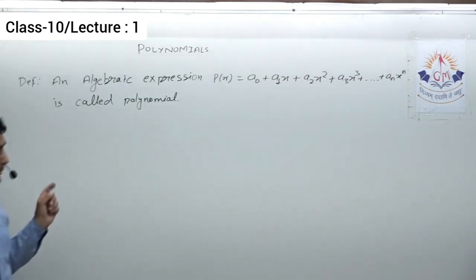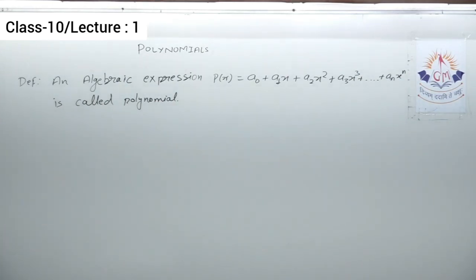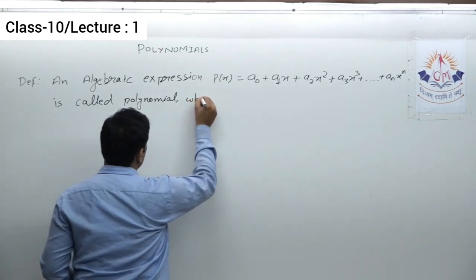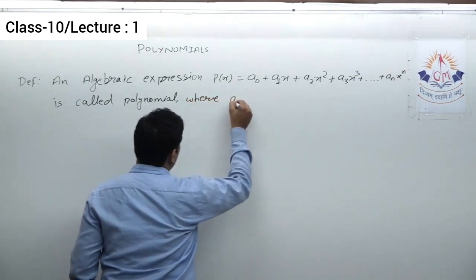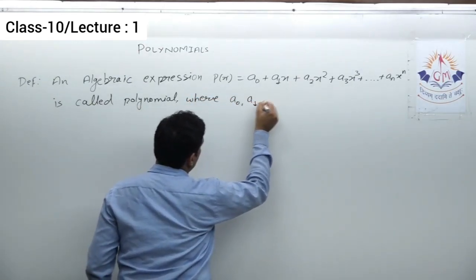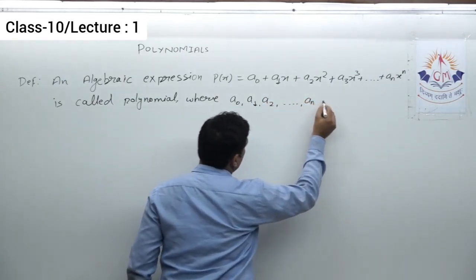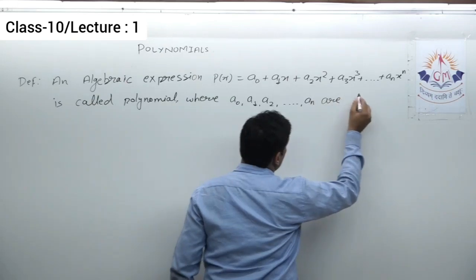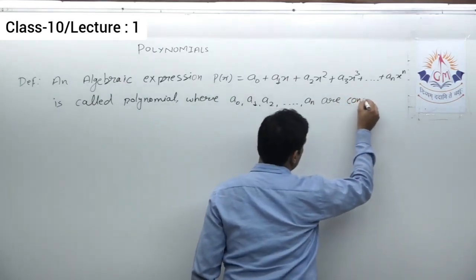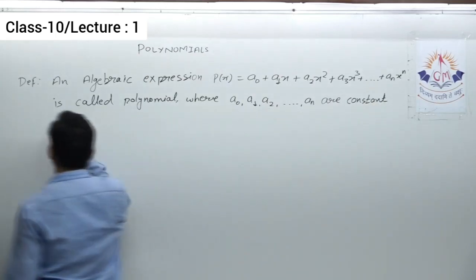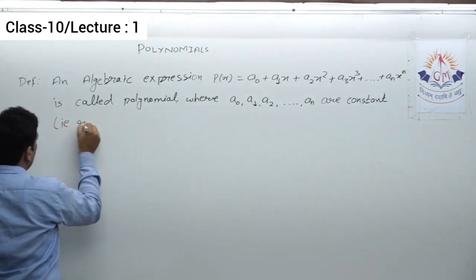So if we have an expression in this way, we'll say it's a polynomial. Now it's called a polynomial where a0, a1, a2 up to an are constants, or we can say real numbers.